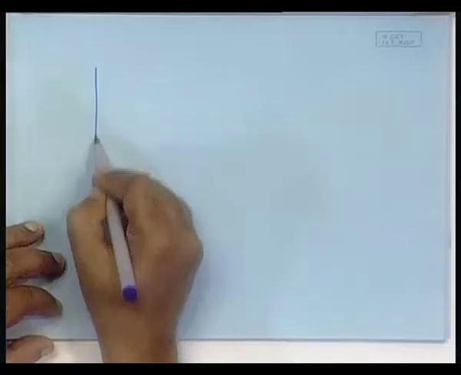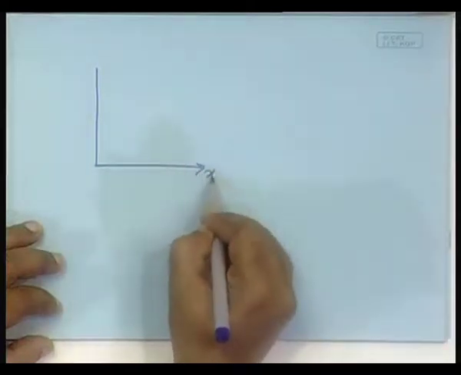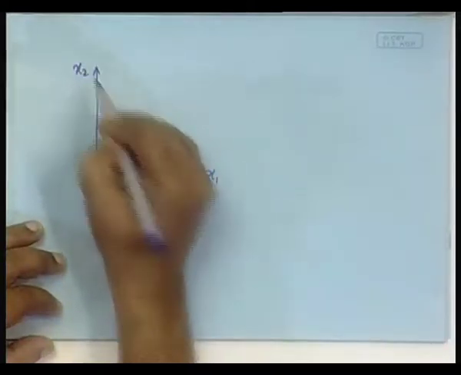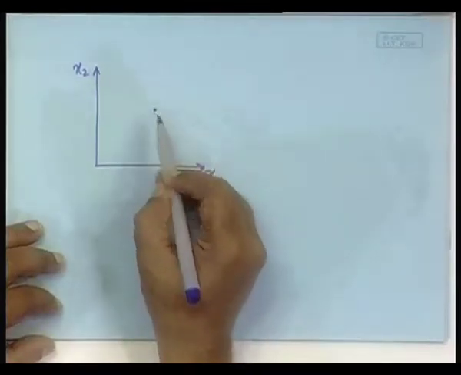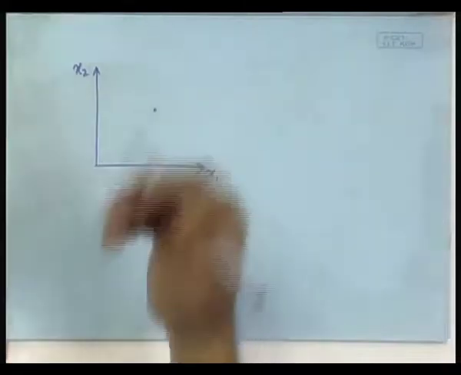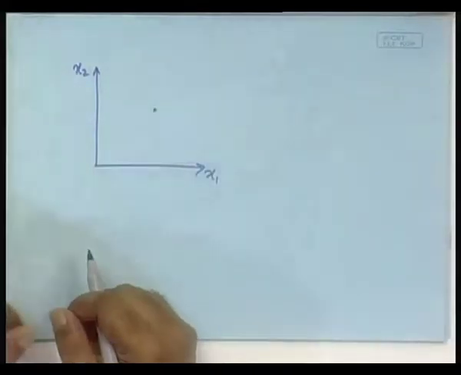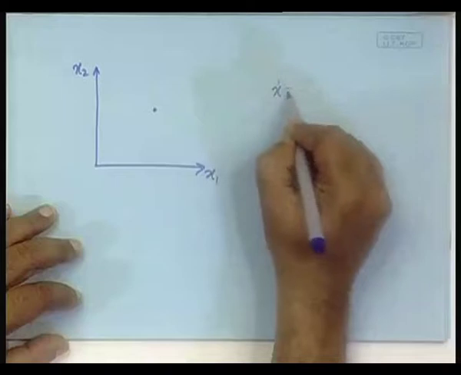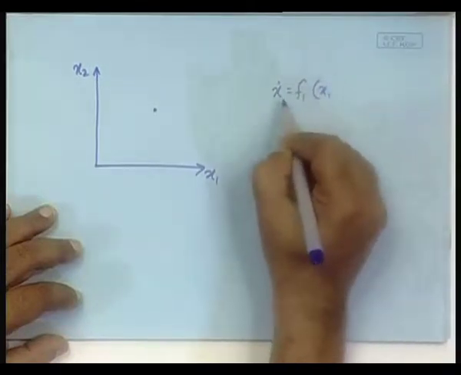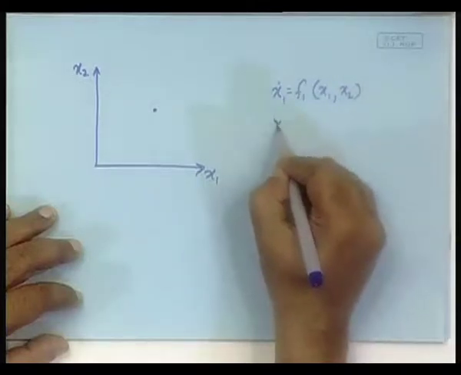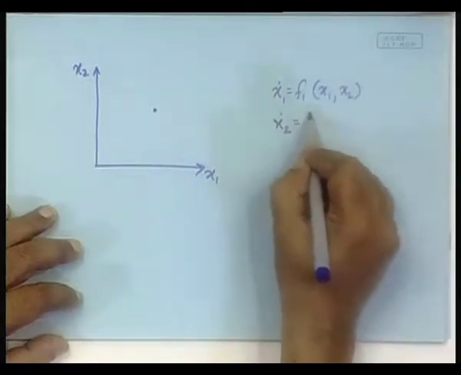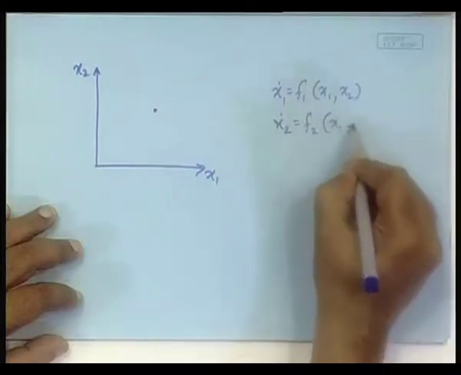So, the equilibrium point is where, suppose I have a space x1 and x2, and here is the equilibrium point. What is the property of that equilibrium point? It is that if I start here, it will always remain here, it will not move, which means you have x1 dot is equal to some function of x1, x2 and x2 dot is equal to some other function of x1, x2.